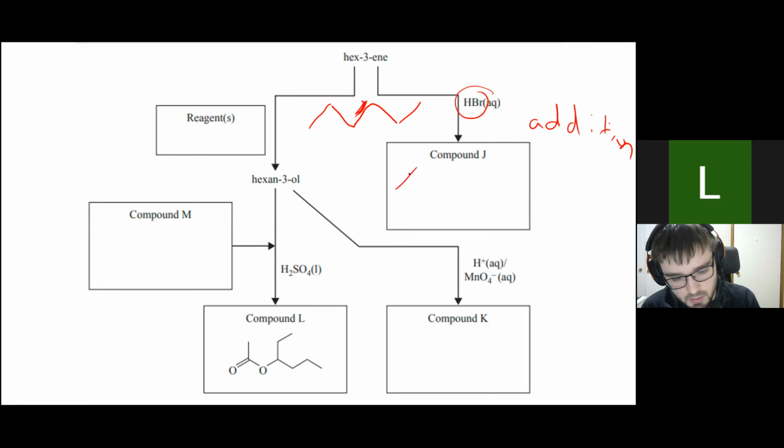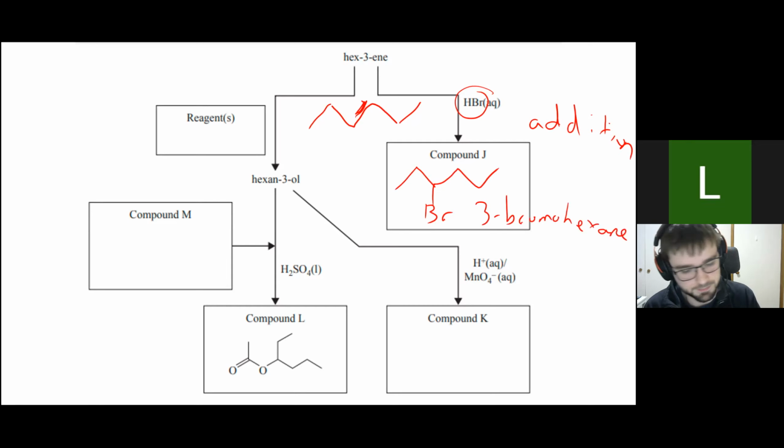It's going to be like that, the bromine here, and then continue on. You can imagine that if the bromine was here instead, it would still be the same thing. This is 3-bromohexane. If the bromine's on the other side, it's also 3-bromohexane. So I'll put the name in there as well.